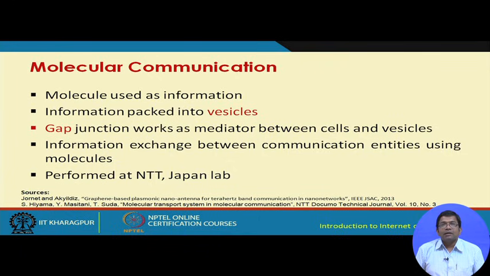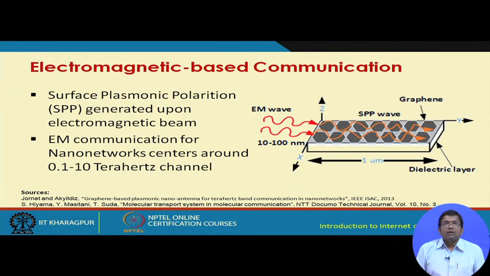So, information in this kind of bio nano networks is basically packed into something known as the vesicles, and the gap junction works as a mediator between the cells and the vesicles, and the information is exchanged between the communication entities using the molecules. In the electromagnetic communication, something like this happens.